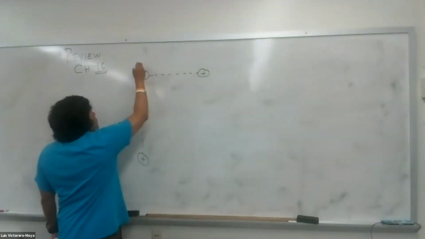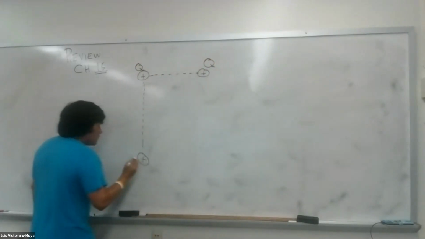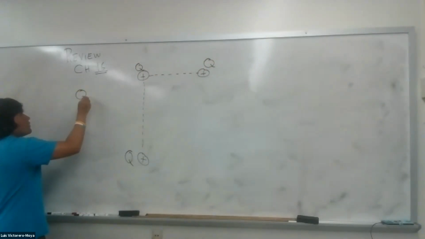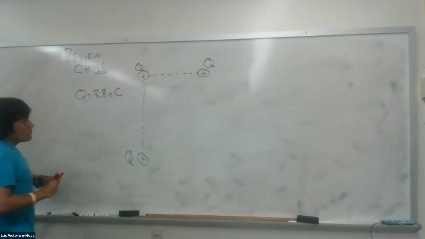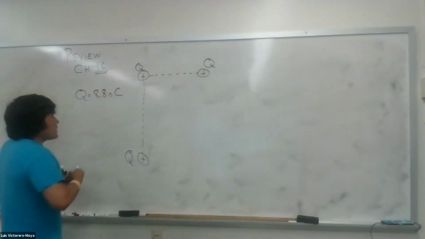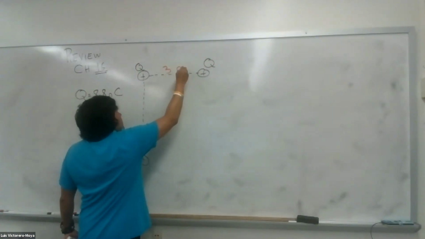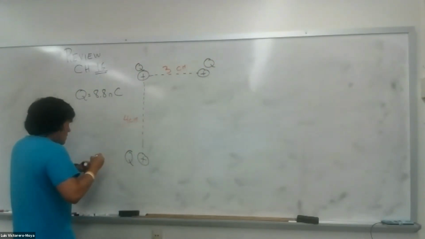This is Q, same Q. Q is 8.8 nanocoulombs, and the distances are 3 centimeters, 4 centimeters.